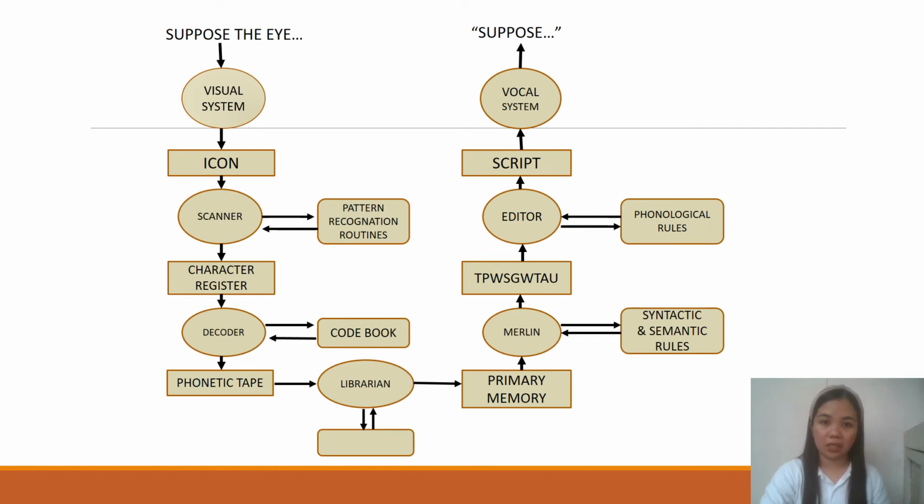They are placed in the primary memory, which is PM, where the words wait for incoming words from the subsequent fixations. When there are enough words in the primary memory, they are sent to the system called Merlin, which applies its knowledge of syntax and semantics to determine the deep structure, the meaning of the phrase or sentence.